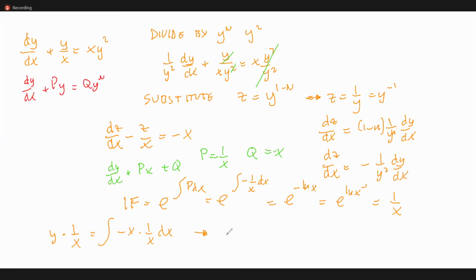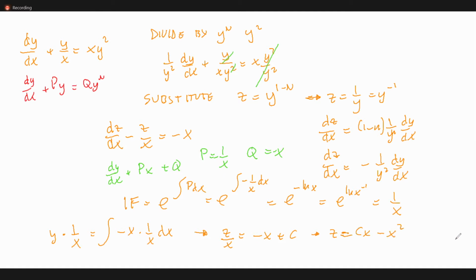So the solution is z over x is equal to negative x plus c. We can rearrange so that we are expressing the solution in terms of z is equal to cx minus x squared.